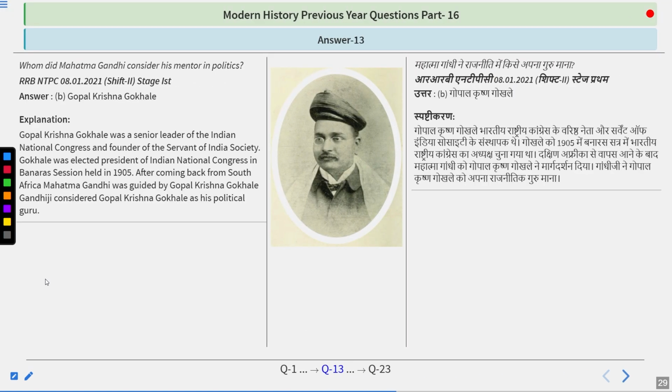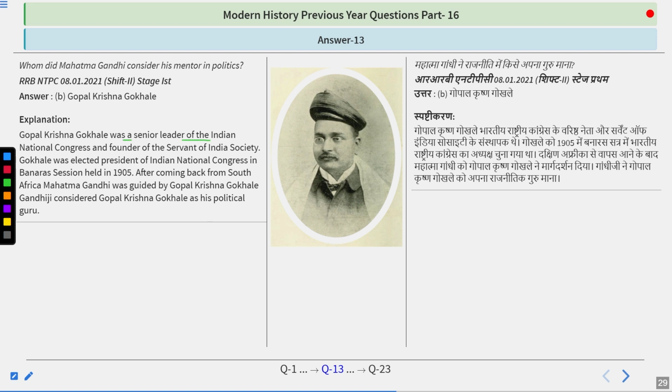Gopal Krishna Gokhale was becoming old in the year 1915, so he wanted someone to replace him after he was gone. So he invited Mahatma Gandhi from South Africa to visit India and help the people who really wanted him. That is how he came to India, and later on Gokhale came to be known as his political guru.